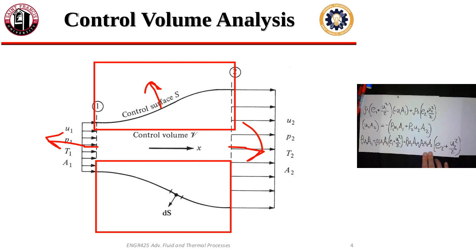Which is an expression for the conservation of energy, but there's a couple of terms in this. So let's see if we can knock it down. Okay, I'll just give you a few seconds to write that down.